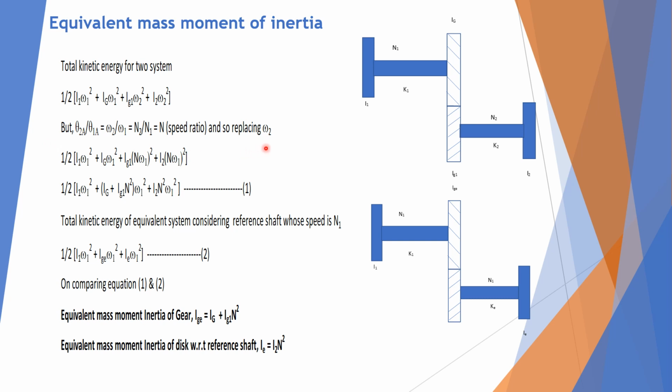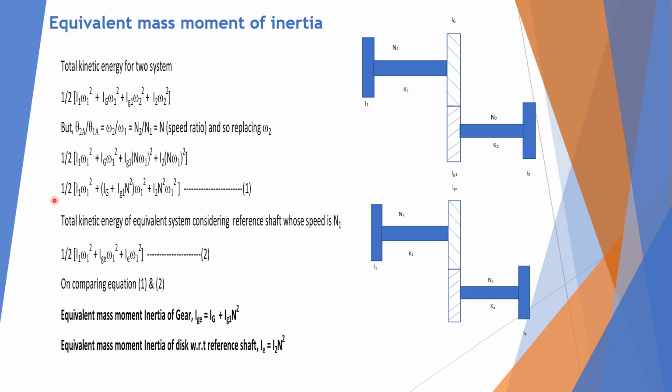Replacing now omega 2, we can write half of [I1 omega 1 square plus I capital G omega 1 square plus I small g1 n square omega 1 square plus I2 n square omega 1 square].